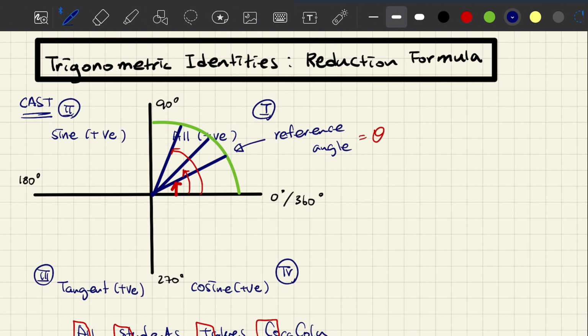We already know that the angles in the first quadrant are called reference angles, right? So using the reference angles, you can find the angles in the second, third, and fourth quadrants.